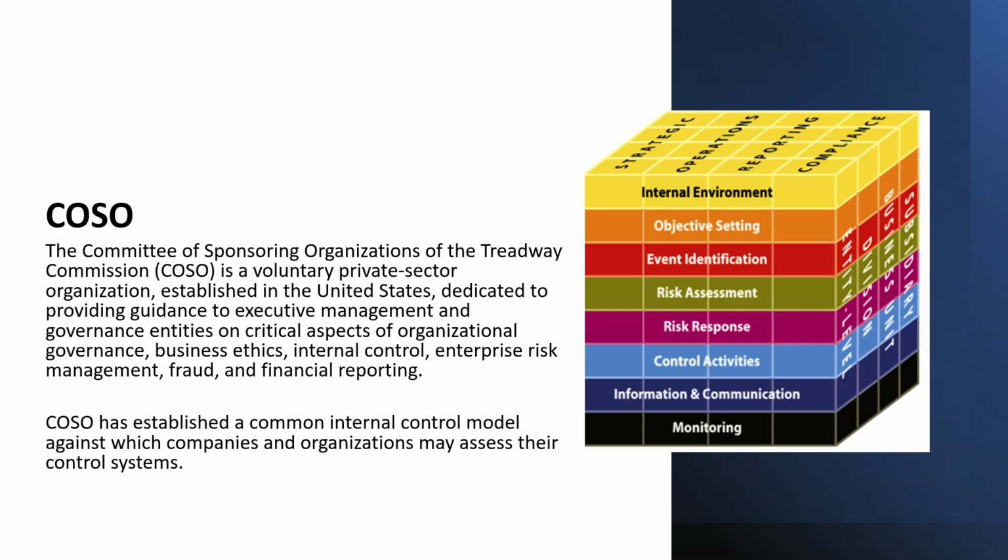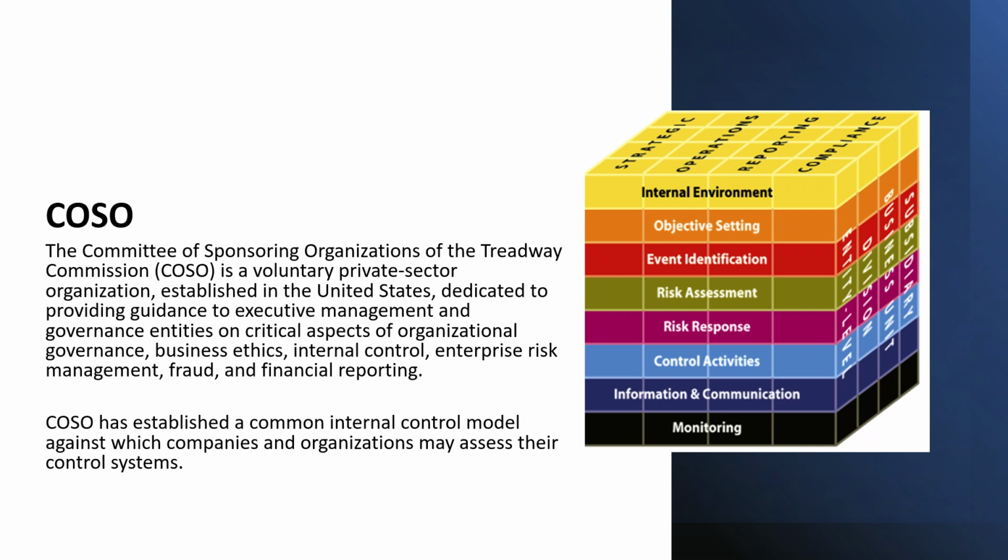So the figure of the COSO framework looks like this, right? COSO stands for Committee of Sponsoring Organizations of the Treadway Commission. It's a voluntary private sector organization established in the United States dedicated to providing guidance to executive management and governance entities on critical aspects of organizational governance, business ethics, internal control, enterprise risk management, fraud, and financial reporting.